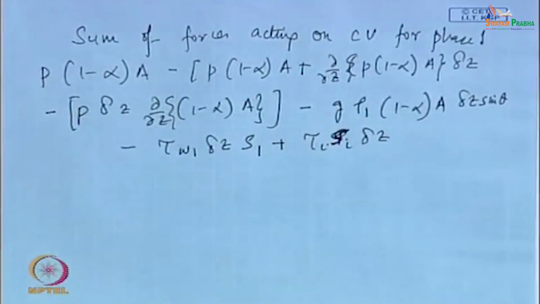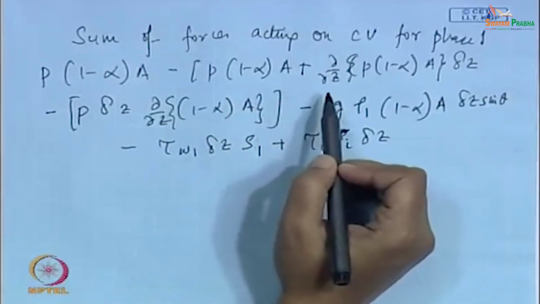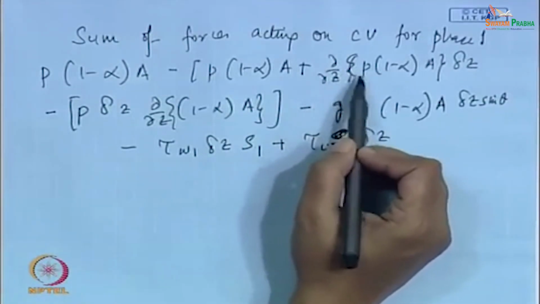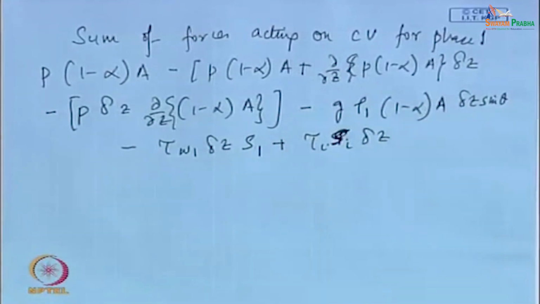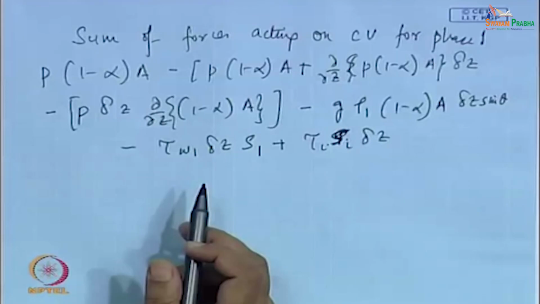If you see this PPT, this is P and this is P plus dP, where we have written P plus dP as del del Z into P into 1 minus alpha into delta Z. And then this tau W1, we are considering this particular phase, delta Z into S1, tau I SI delta Z, and of course, there is one particular force which is the pressure force acting on the curved surface area.